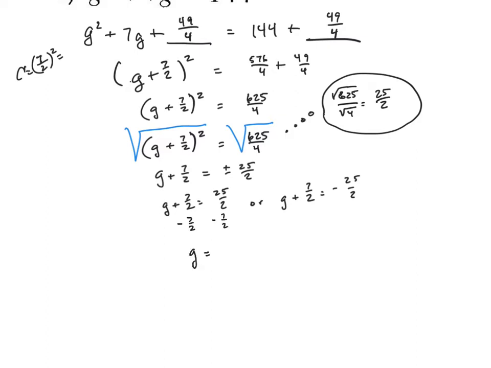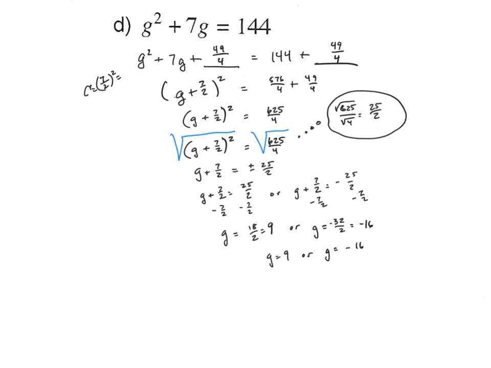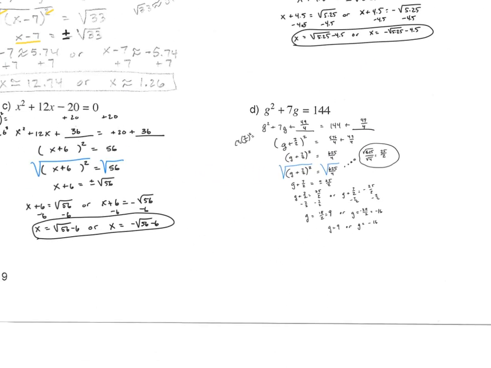So g is going to be equal to 18/2 or 9, or again, using inverse operations, g is going to be equal to negative 32 over 2, which is negative 16. So g is equal to 9, or g is equal to negative 16. Those are my possible solutions using completing the square.